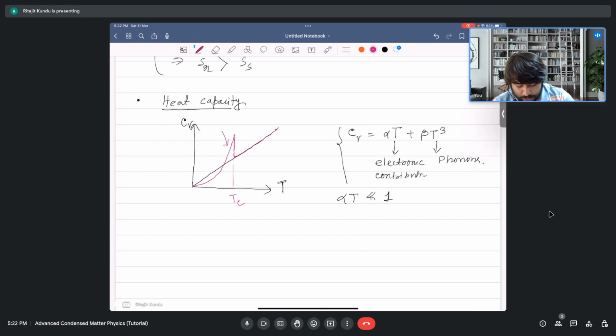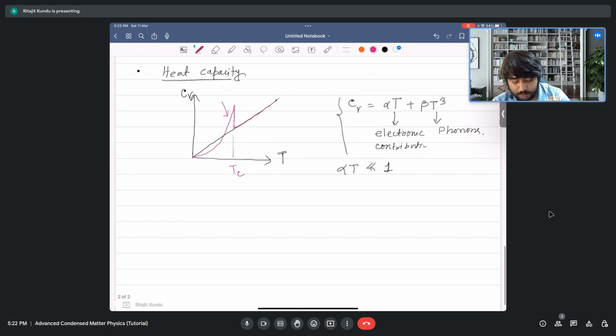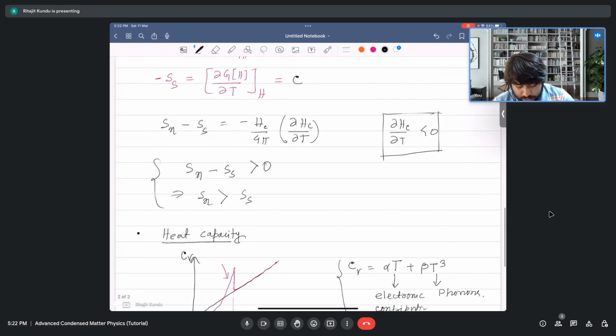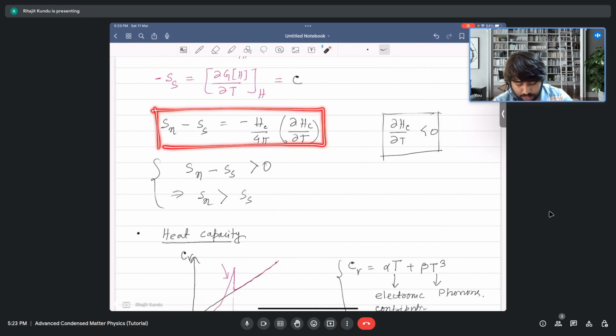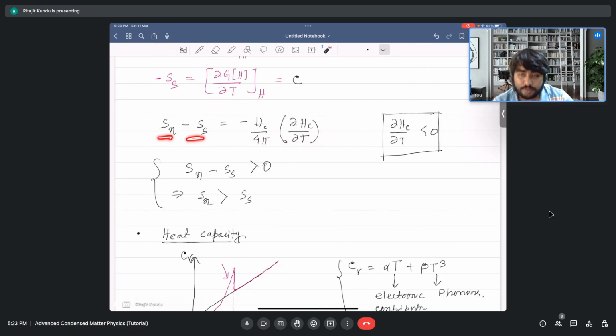From the perspective of thermodynamics, the heat capacity divided by T is given by del S del T, that is, dS dT. We already know how this entropy difference behaves, so all the temperature dependence is within this Hc.